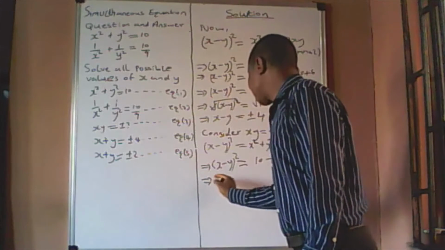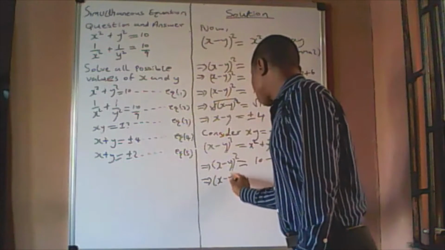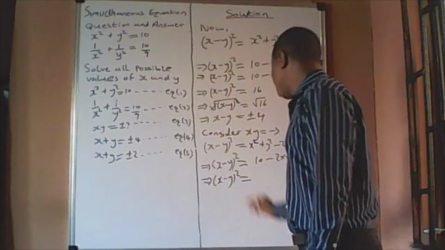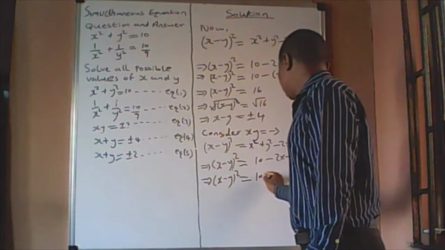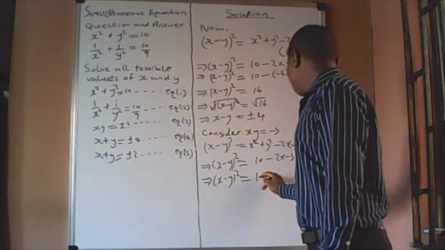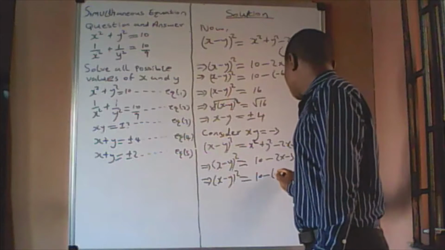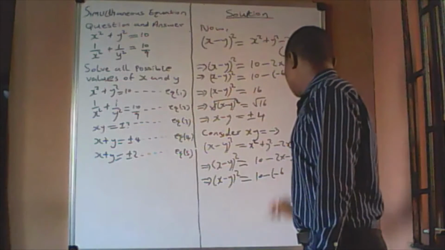It implies (x minus y) all in parentheses power 2 is equal to 10 minus 2 times minus 3, which will give us minus 6.